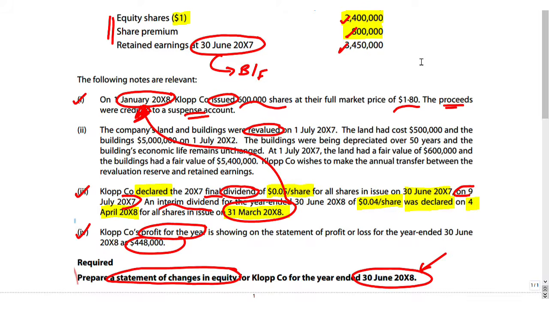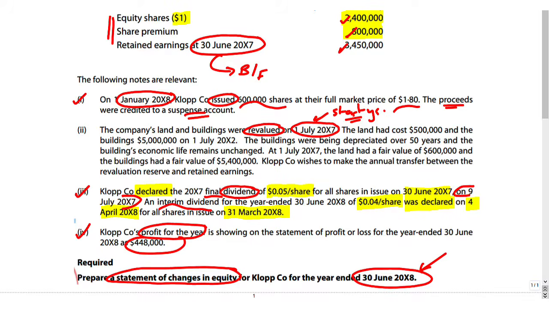So what have we got? Let's go through, have a play around with the information, and forgive me, I'm just going to move that line there, so it's a bit easier for me to see what we've got. So number 2, it says land and buildings were valued on the 1st of July X7, which is the very first day of the financial year.